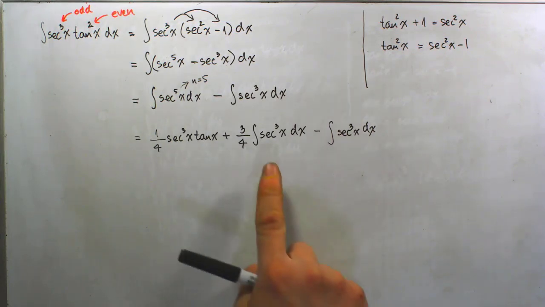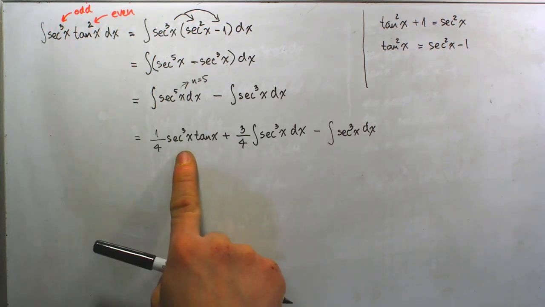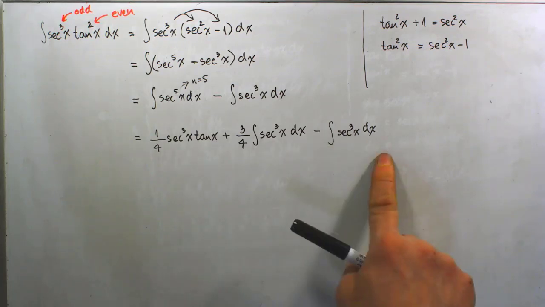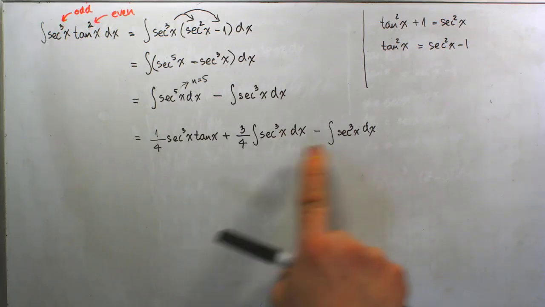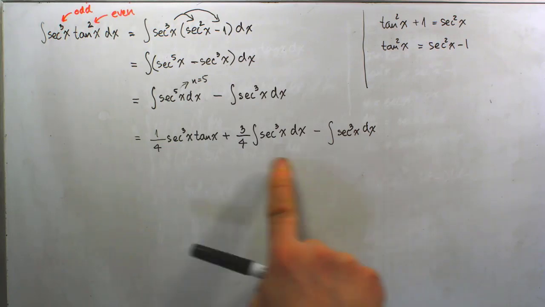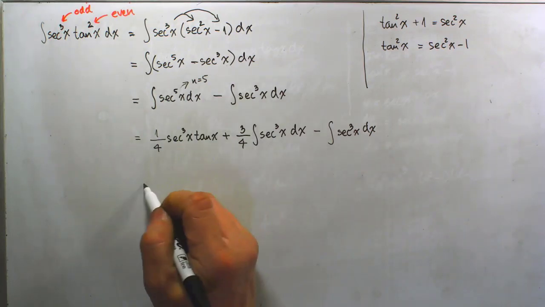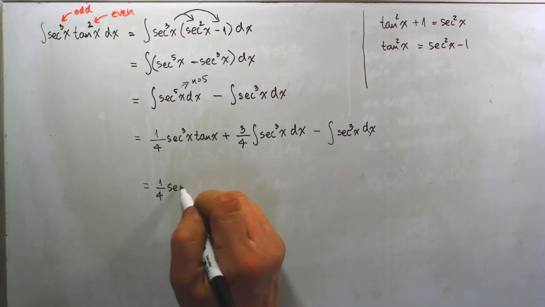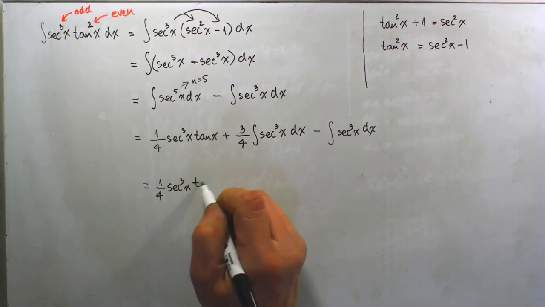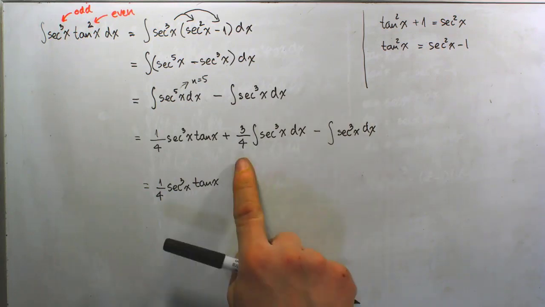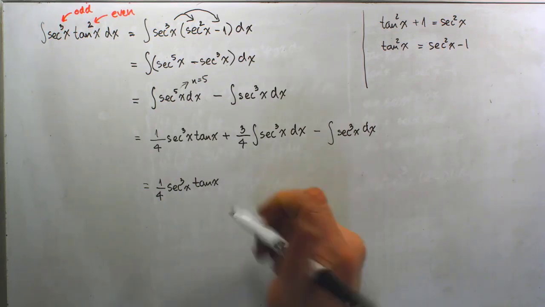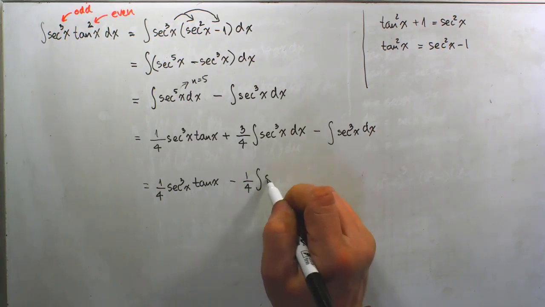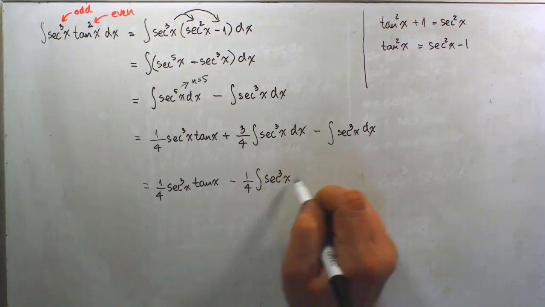And so now at this point I have produced one finished term with two unfinished integrals, but they are both in terms of the cube. So I can combine like terms: the finished term is 1/4 secant cube of x tangent of x, and combining these two like terms, I'm looking at minus 1/4 the integral of secant cube of x dx.